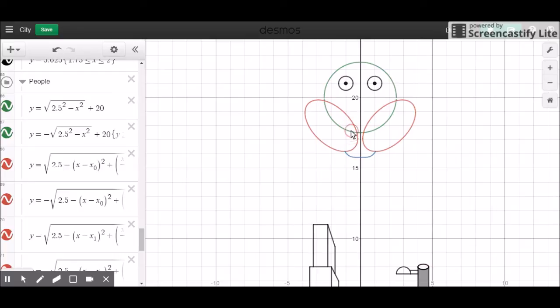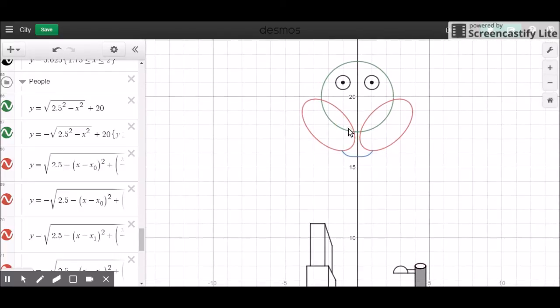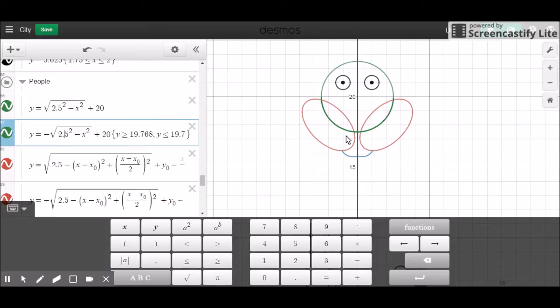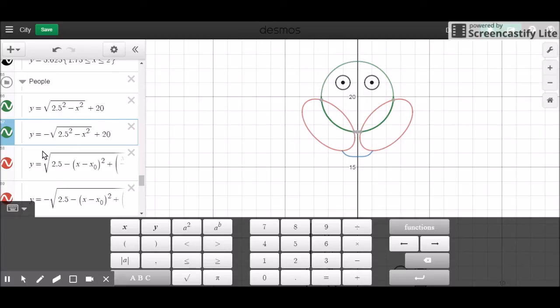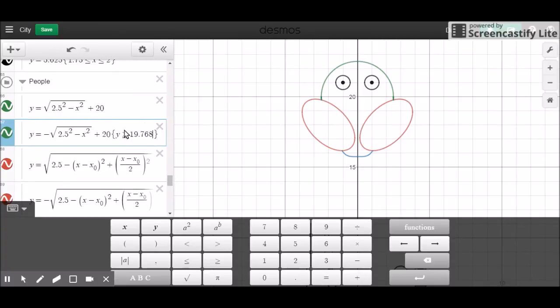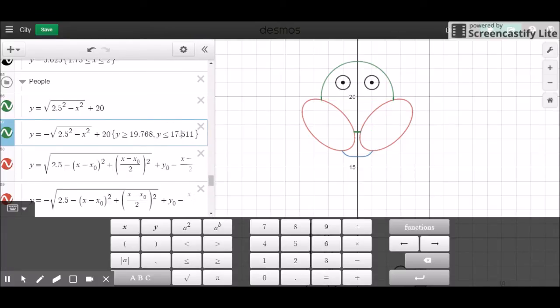And this point is 17.511. You know what? I'm not going to have this here. It's going to keep like that.